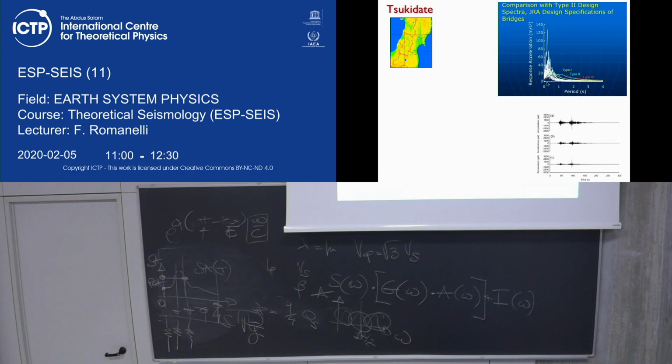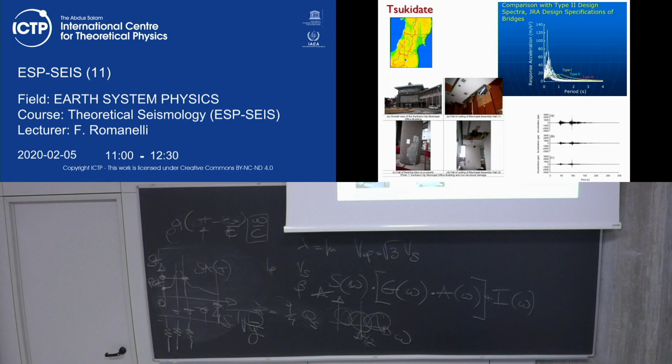High frequency means that tiny objects will move, but large buildings will not. That's why damage was related to something small. Remember that at 20 Hertz, you hear it. So when you have energy between 5 Hertz, 10 Hertz, 20 Hertz, it's very high frequency. 5 oscillations in a second. So it's very high.